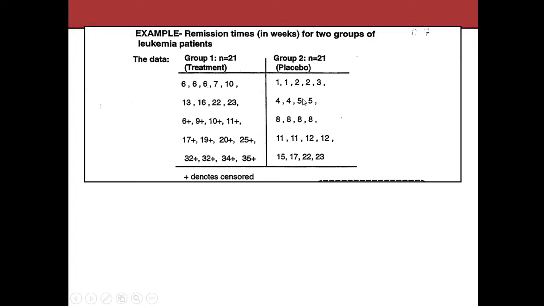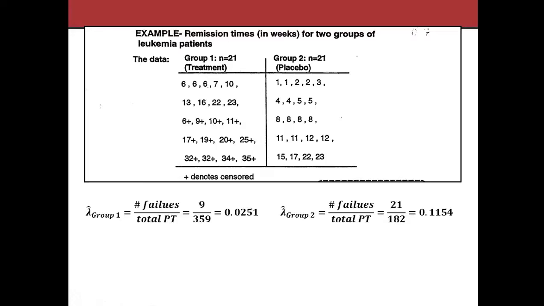And notice these aren't very long times either. Whereas the survival times are longer for those on therapy, and many of the ones on the high end are censored because the study ran out of time and they're still doing well. So that's the data, and this was the original survival example.